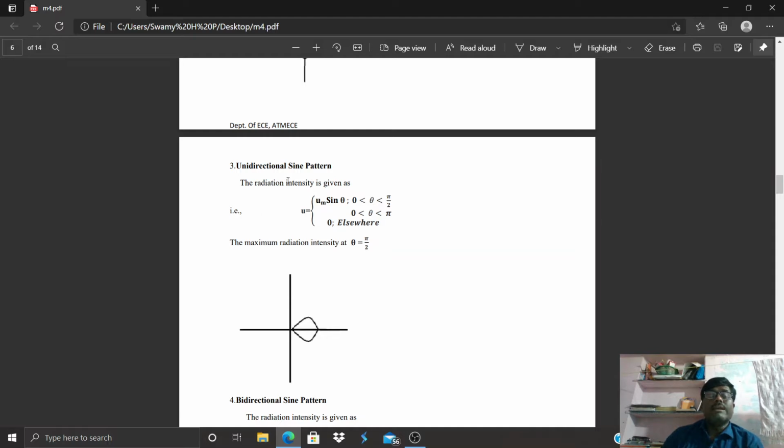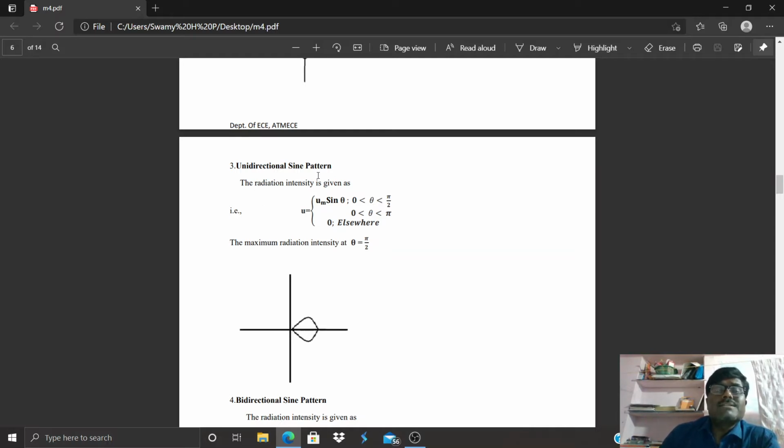Next is the unidirectional sine pattern. This is the power pattern, it will be parallel to the x-axis, one side only. For the bidirectional, your 8 is lying horizontally along the y axis.